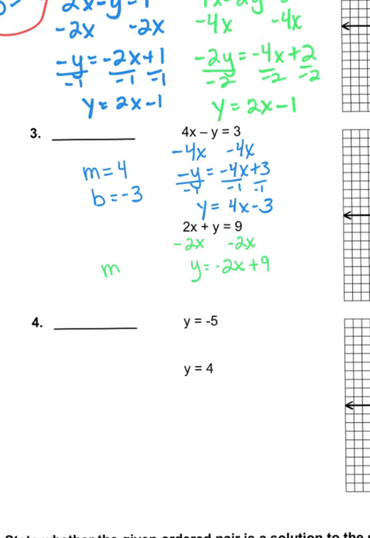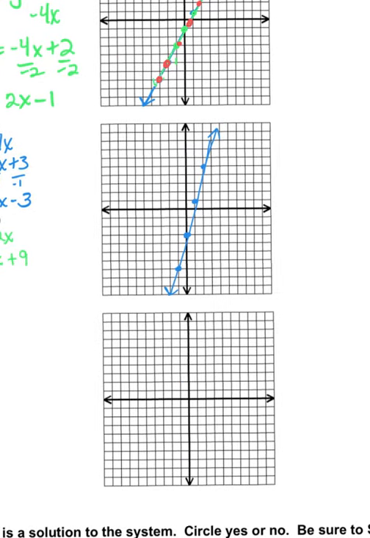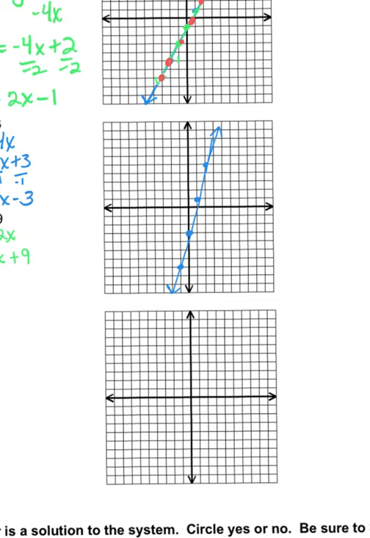That means my slope is -2 and my y-intercept is 9. Going back to my same graph, my y-intercept is +9, so 1, 2, 3, 4, 5, 6, 7, 8, 9.